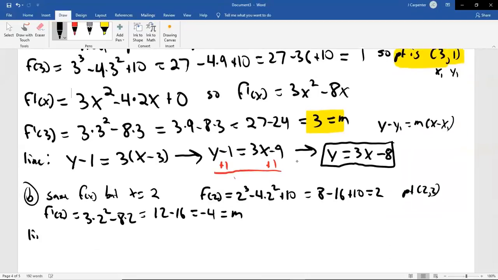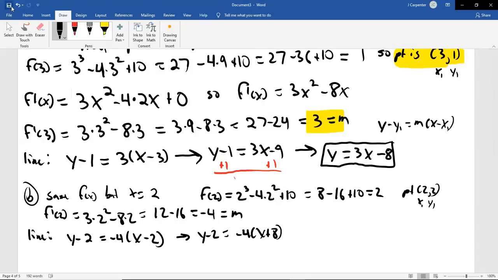So our line, y minus the y1, which is 2, equals the m, which is -4, times x minus the x1, which was also 2. Again, here's our x1 and y1. This was our m. Clean this up. That's y minus 2 equals -4 times x plus 8. Just watch your signs.